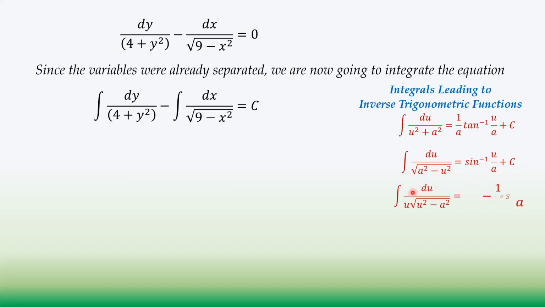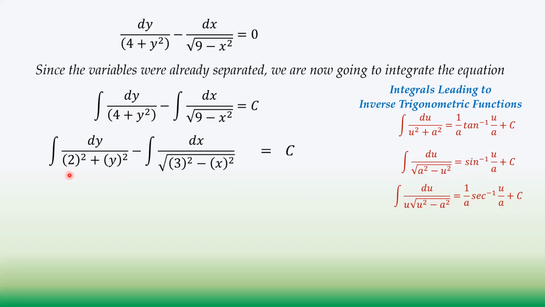And last we have du over u times the square root of u squared minus a squared equal to 1 over a arcsecant of u over a plus c. Kaya itong ating nakuhang equation na to, pwede mo yan i-rewrite as dy over 2 squared, yun ang 4, plus y squared minus integral of dx over square root of 3 squared minus x squared equals c. Tingnan natin sa ating mga pattern.